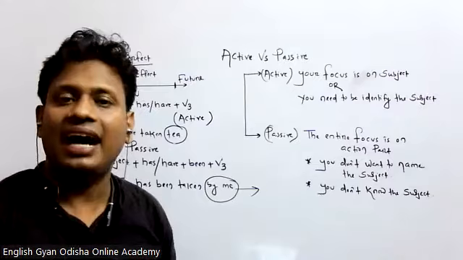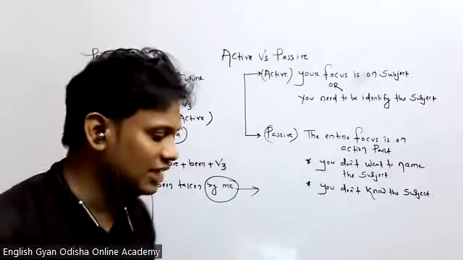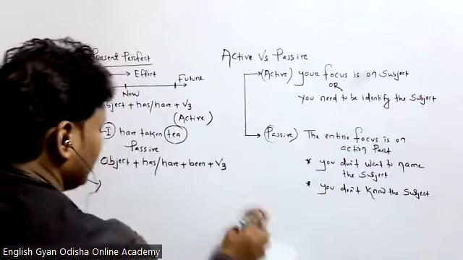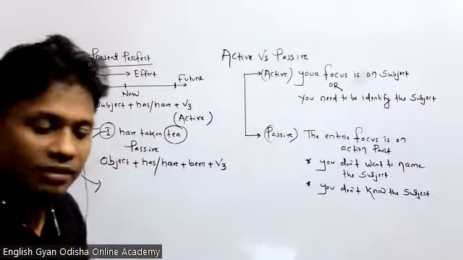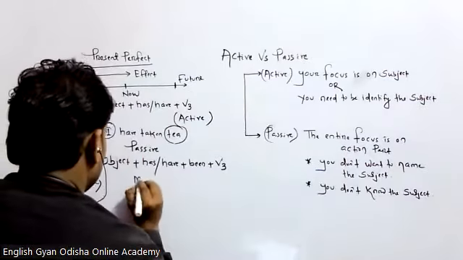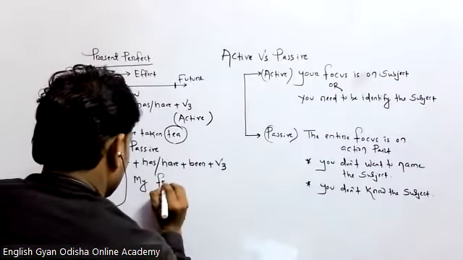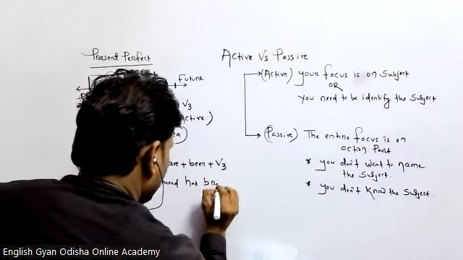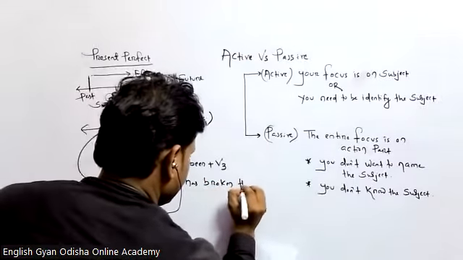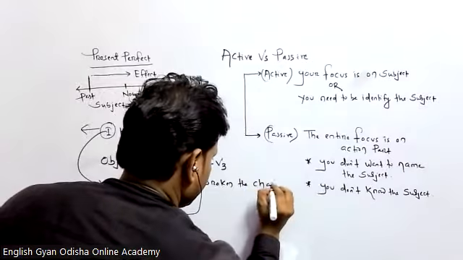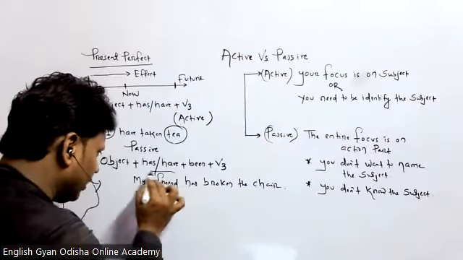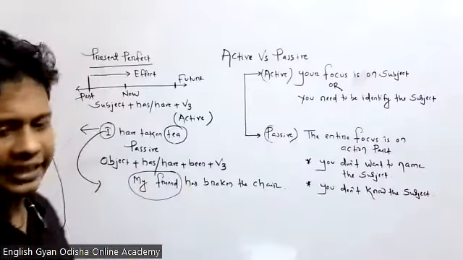Suppose let me give another example. You can easily understand that. Suppose you can say, my friend has broken the chair. So here, what you have understood is that you have highlighted my friend.